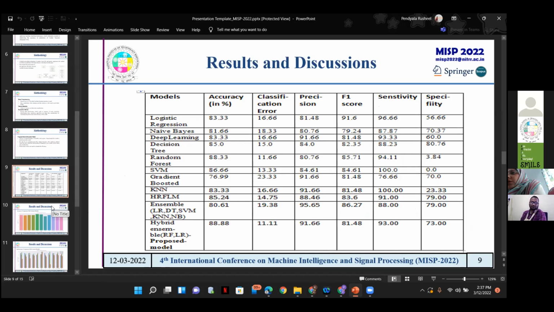Thank you. So can you talk about more? Did you try them? Were they not performing good enough? So you tried using a hybrid ensemble. Actually, we tried combining it instead of the max voting classifier, to make an actual hybrid model, ma'am. That is what HRFL means. But it did not give that much accuracy.